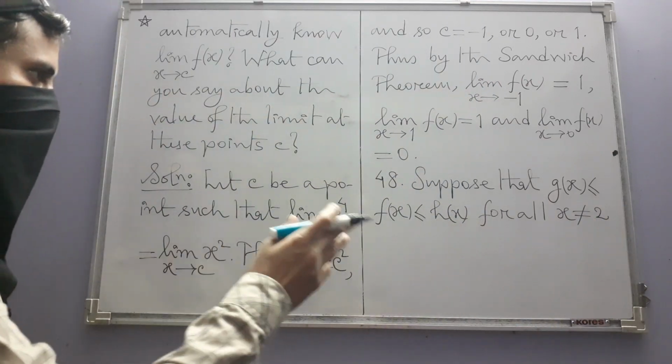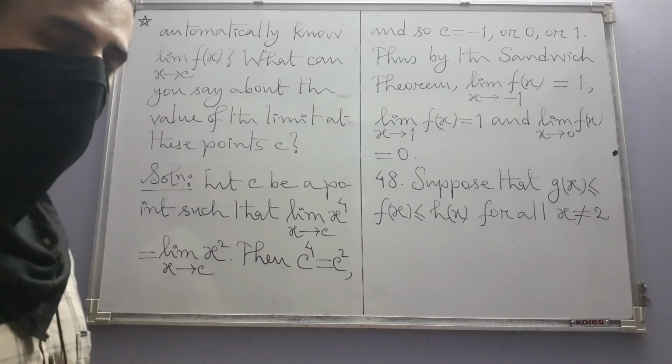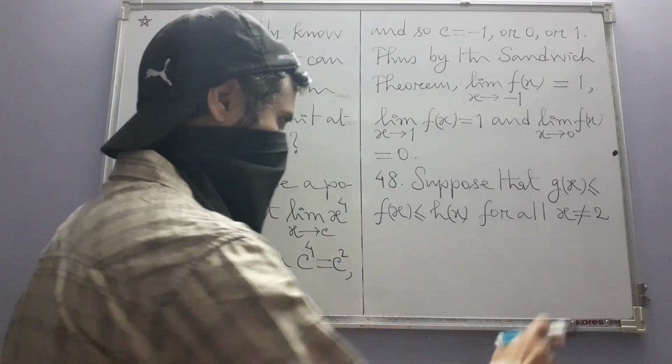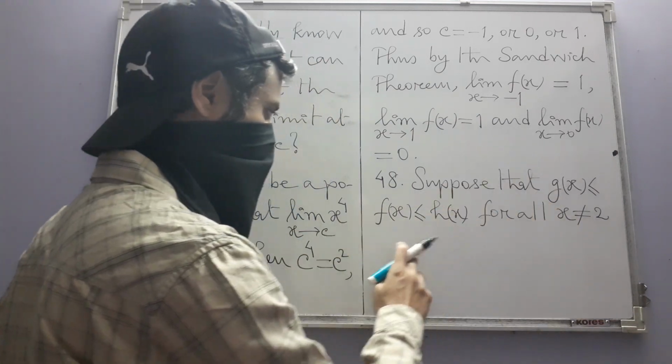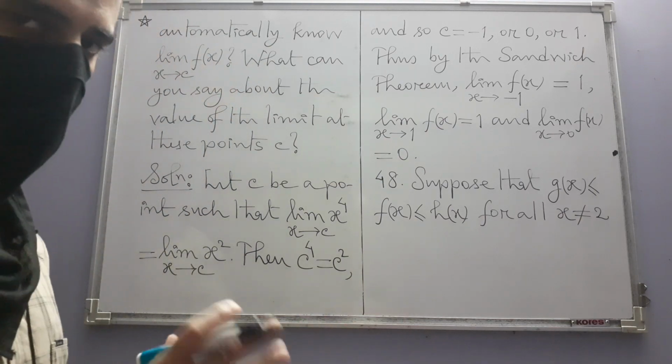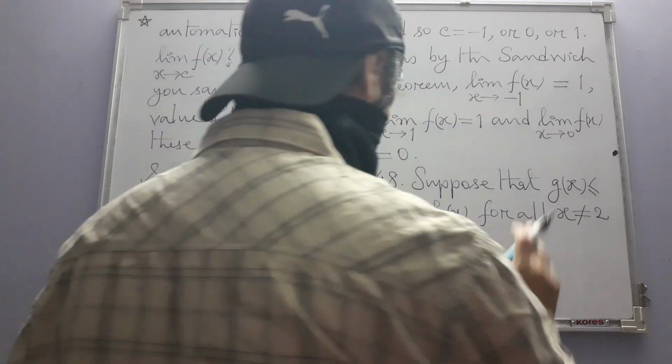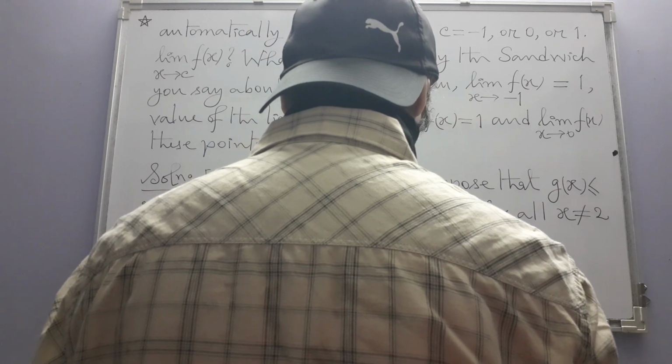That means for all real numbers x except 2. At 2, what happens to these inequalities we don't know, and it's not given, okay, it's not a part of our hypothesis.